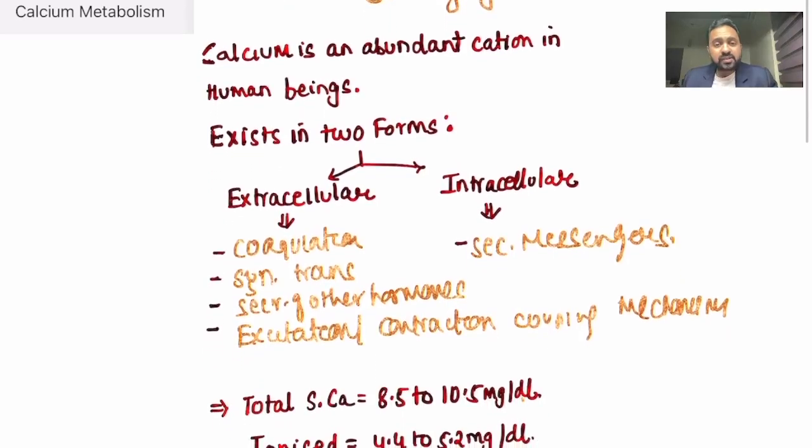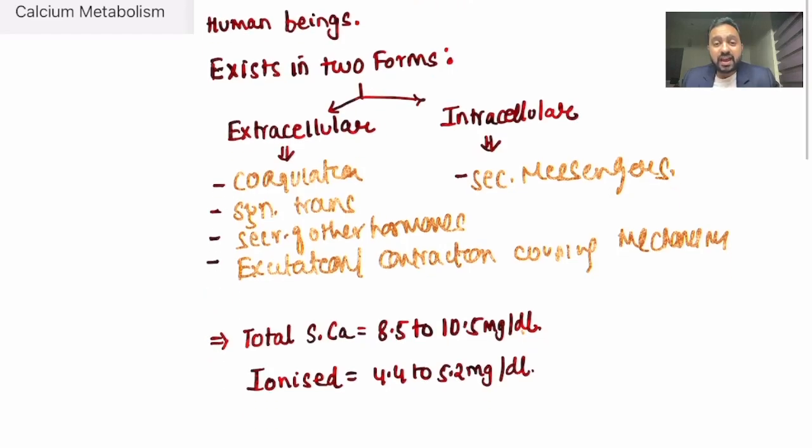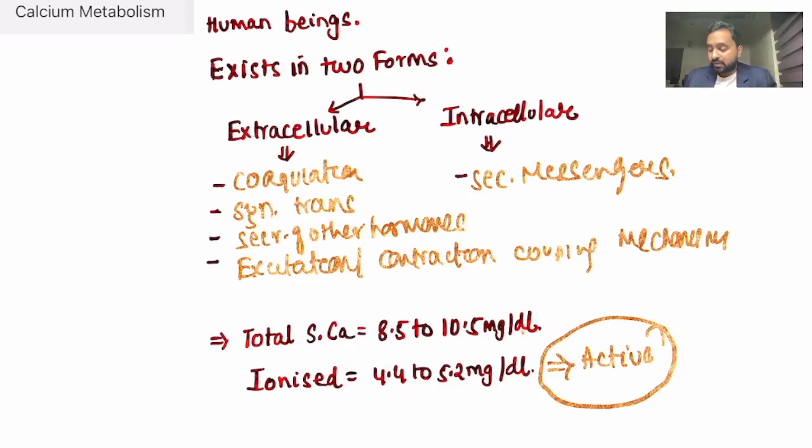The total serum calcium level ranges from 8.5 to 10.5 milligram per deciliter, of which the ionized form is around 4.4 to 5.2 milligram per deciliter, and this is usually the active form.